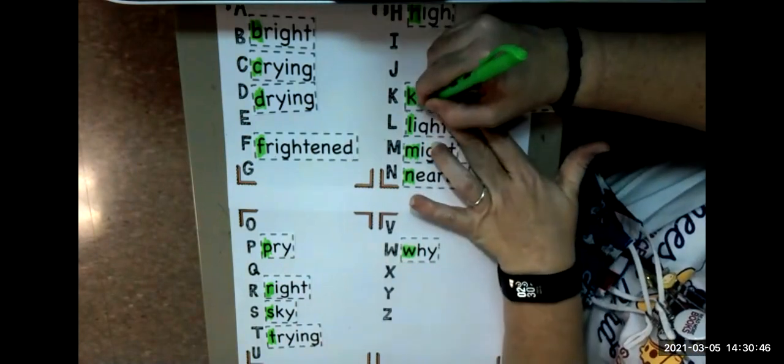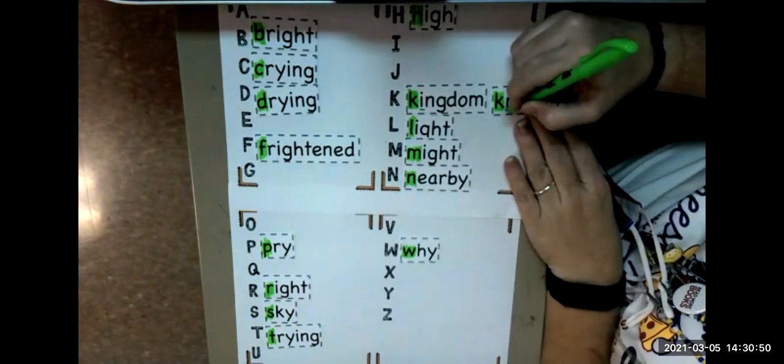The word kingdom, my second letter is an I. And in the word night, my second letter is an N. Well, what comes first, I or N? I'm looking at my alphabet. I comes first. So K-I comes before K-N. So kingdom will go before the word night.